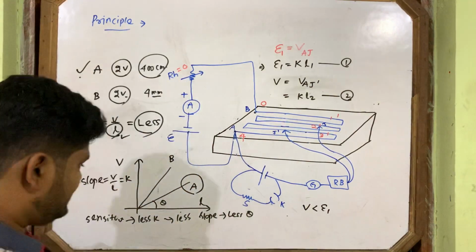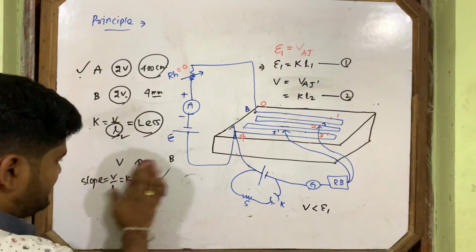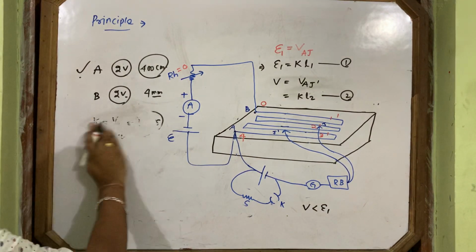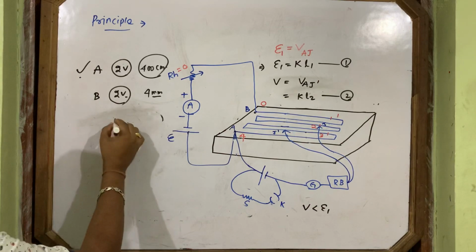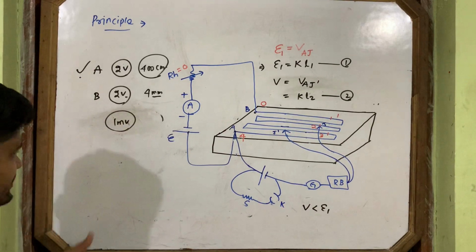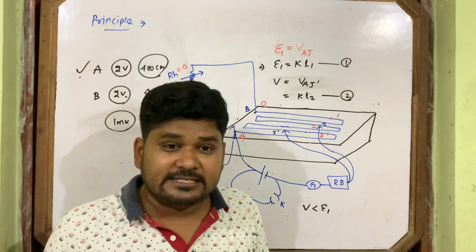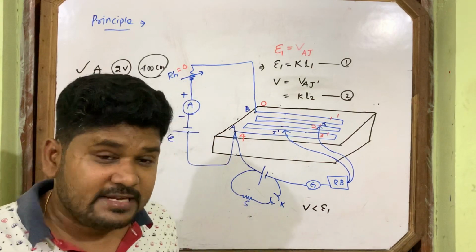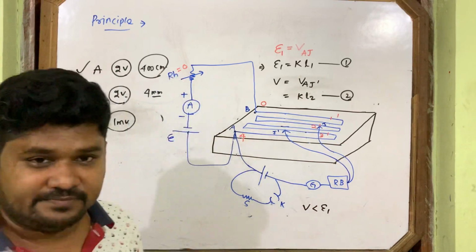Then again another thing, a very important question. Suppose you connect a 1 millivolt cell and it cannot measure. If the cell cannot be measured, it means its sensitivity is less. If sensitivity is less, how can you increase the sensitivity?